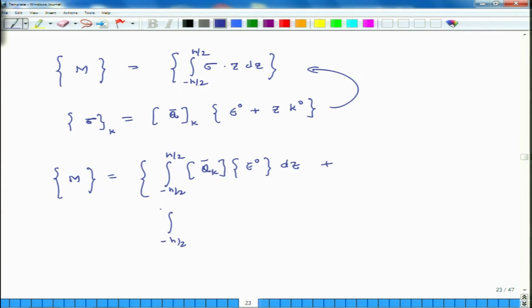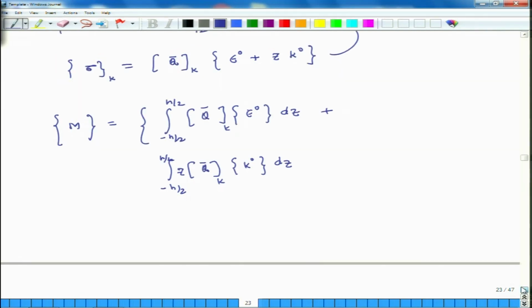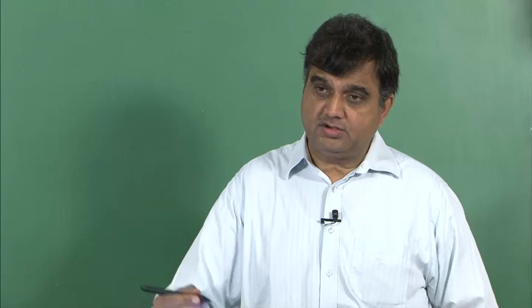the integral from minus h over 2 of Q bar. So, actually this k subscript should be outside, and there is a z here times the curvature vector dz, and because this Q matrix is discontinuous across different layers, I will integrate within a layer, and then as I move from one layer to another I will sum up things.